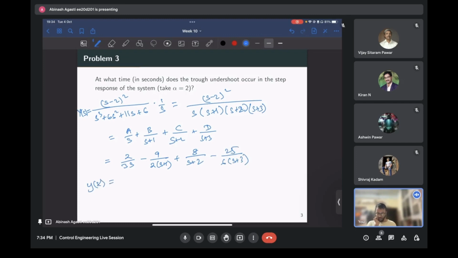So what will we have here? u of t, 2 by 3 minus 9 by 2 e to the power minus t plus 8 e to the power minus 2t minus 25 by 6 e to the power minus 3t. Right? Does everyone agree with this?